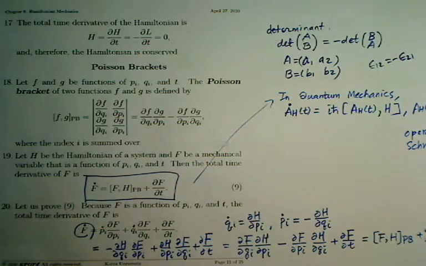From Lagrangian mechanics, we studied how to obtain the conjugate momentum, that is, the partial derivative of the Lagrangian with respect to the time derivative of the coordinate. And we have found that Hamilton's equation of motion is equivalent to the Lagrange equation of motion.